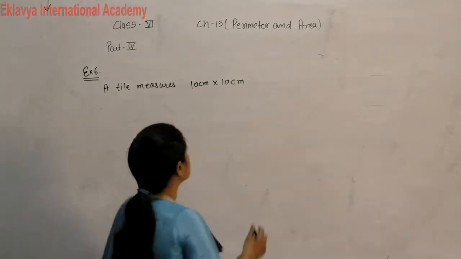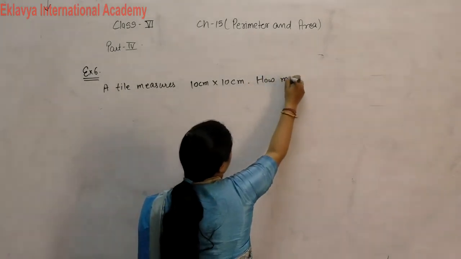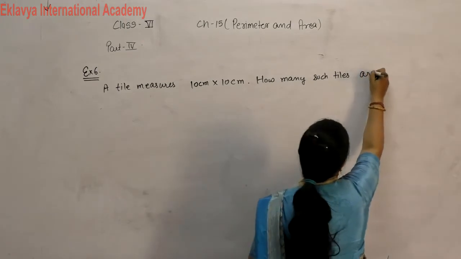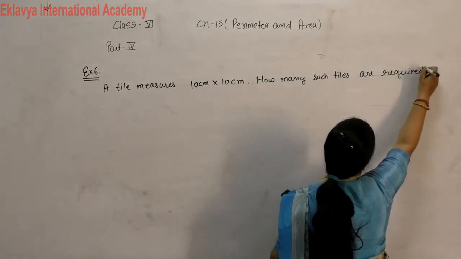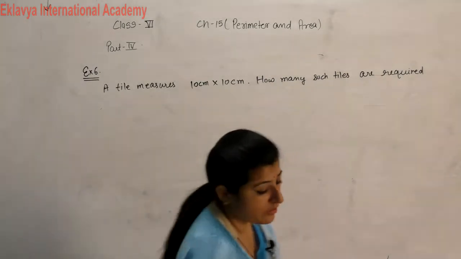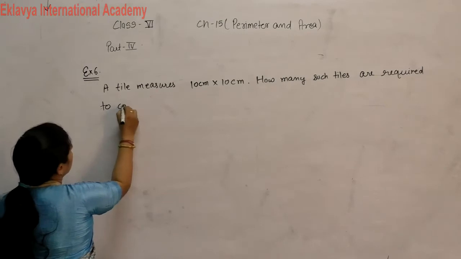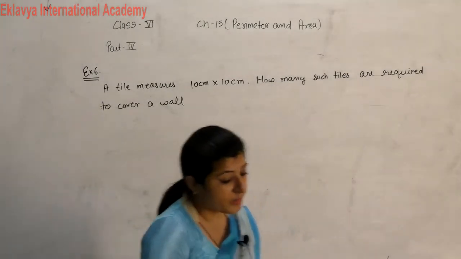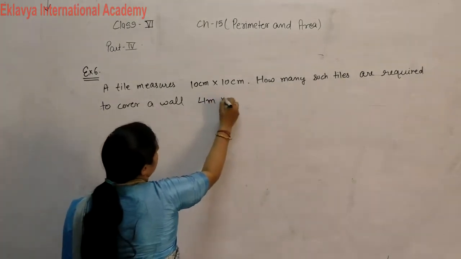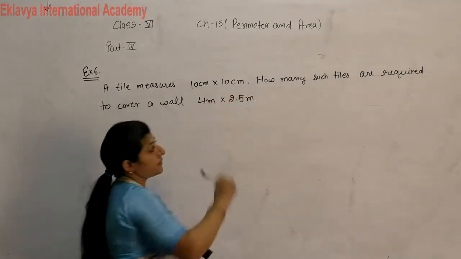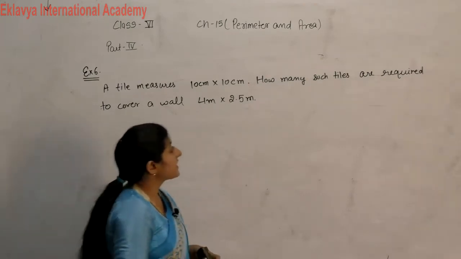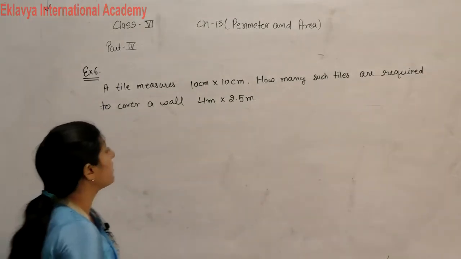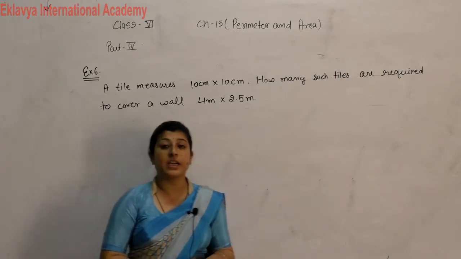How many such tiles are required to cover a wall of 4 meter multiplied by 2.5 meter?